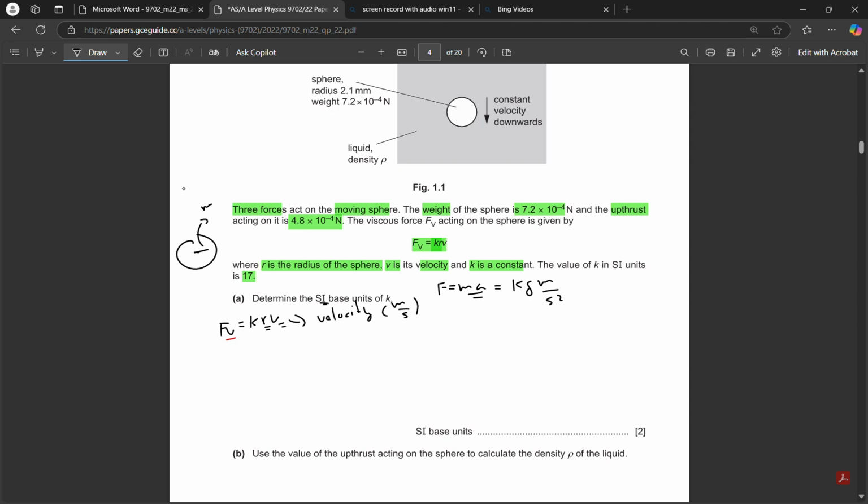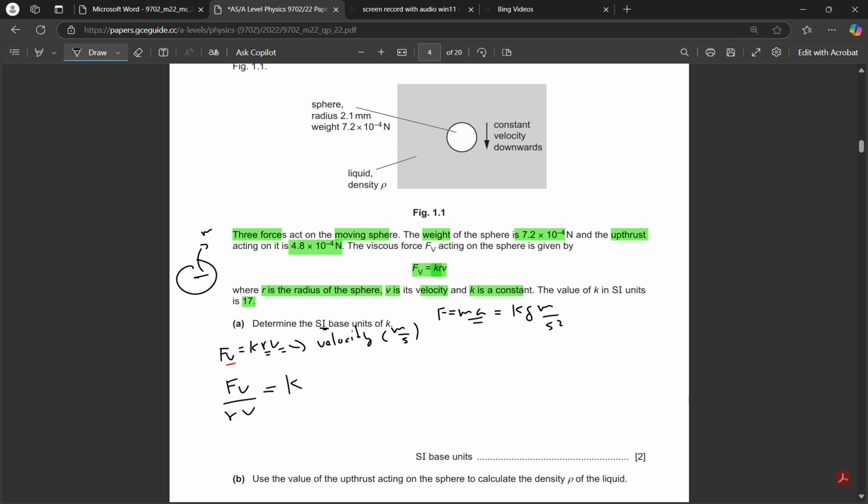So we can just isolate k by rearranging our formula. Fv divided by rv, that's going to be equal to k, right? Now it's perfect to just substitute our units.